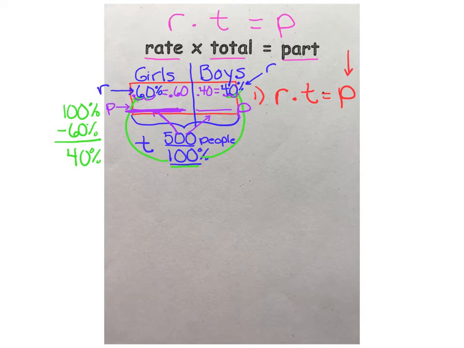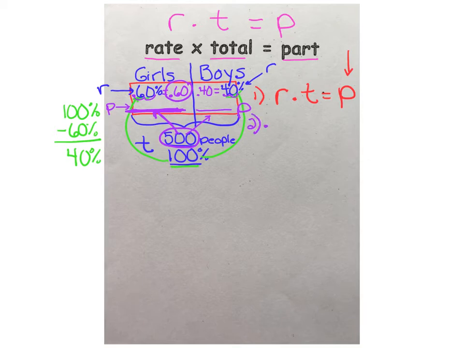Remember, that's out of 500. So go over to your formula, and we're going to use the R rate and the T total to figure out how many girls there are out of 500. Here we go.